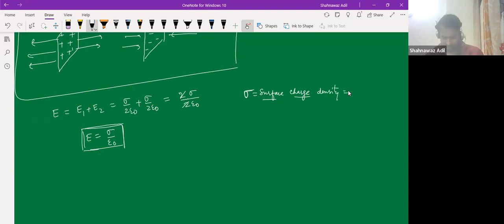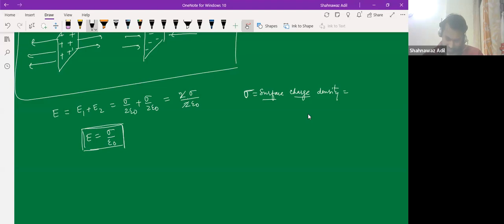What is the formula for surface charge density?